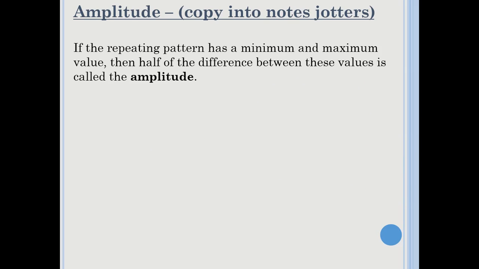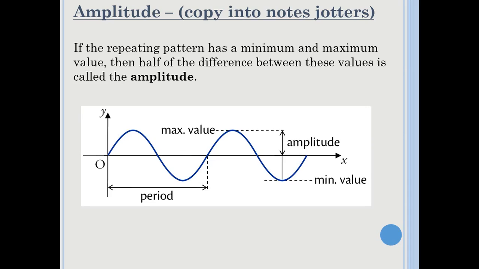So what we can say then is, if the repeating pattern has a minimum and maximum value, then half of the difference between these values is something that we call the amplitude. Okay? And to give you an idea, this is what we're looking at.